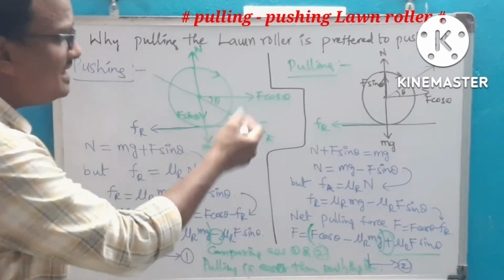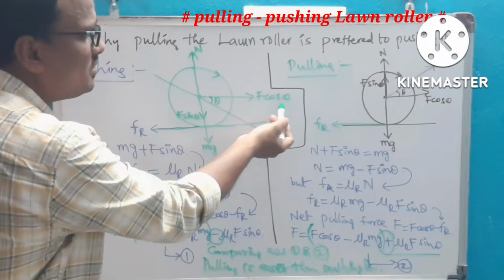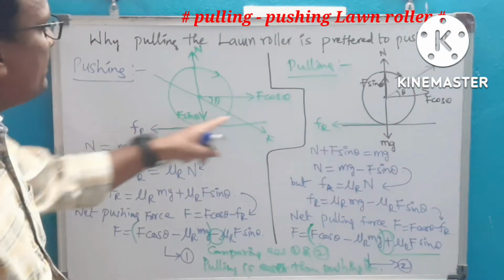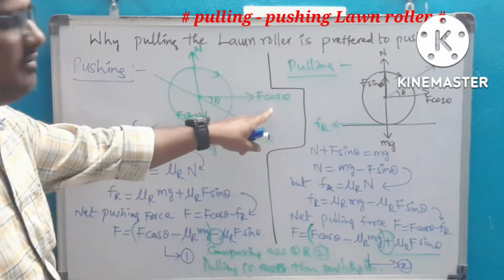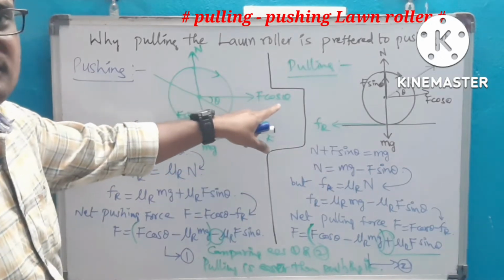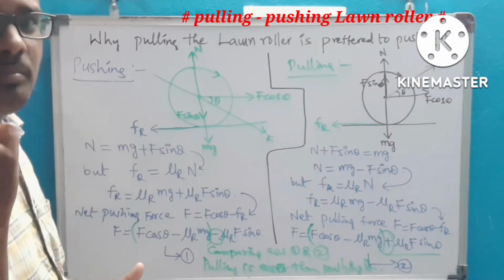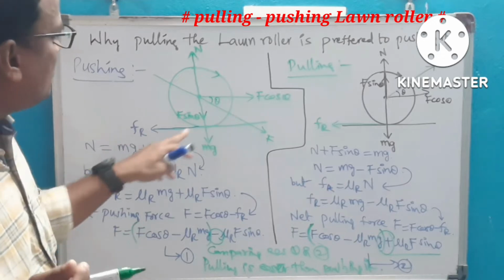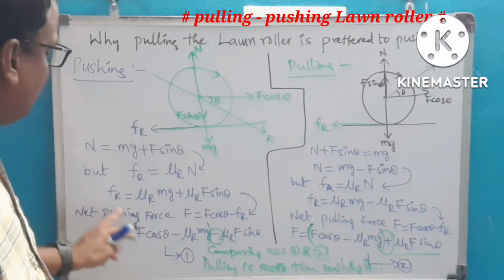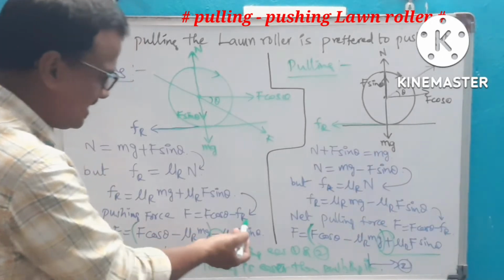So we can subtract the rolling friction from F cos theta. Why? Because F cos theta is the actual force applied on the roller, but the counter force Fr is acting in the opposite direction. That's why we subtract Fr from F cos theta. Then we get the net pushing force: F equals F cos theta minus Fr.